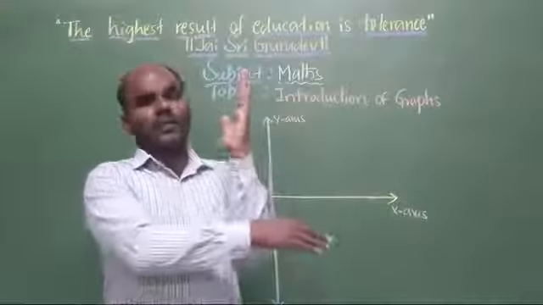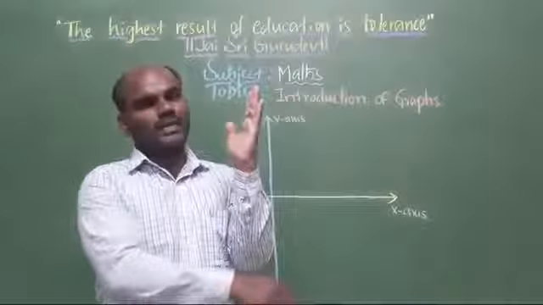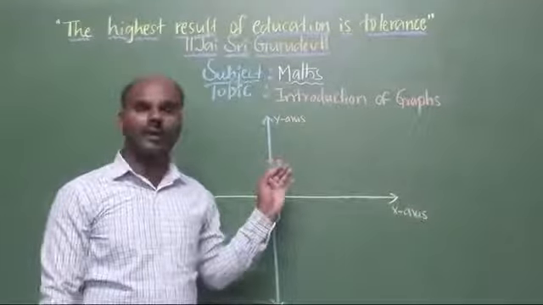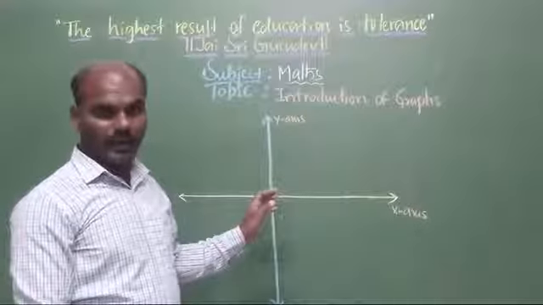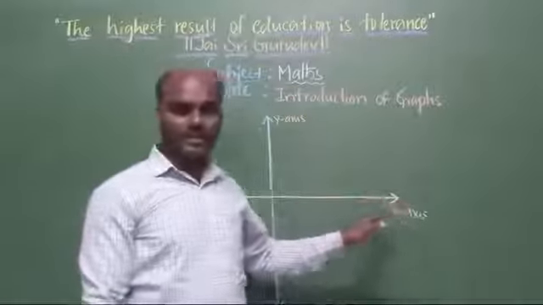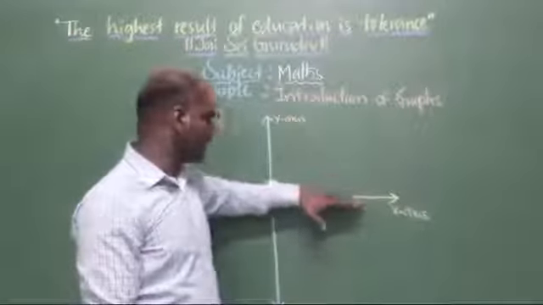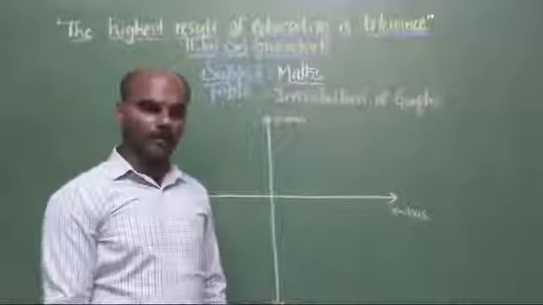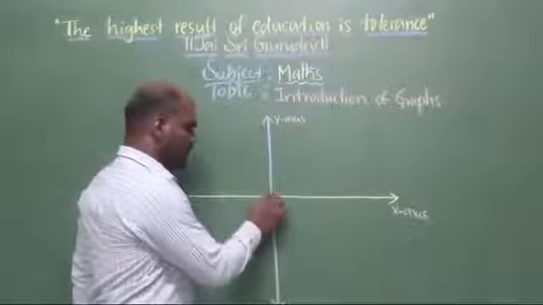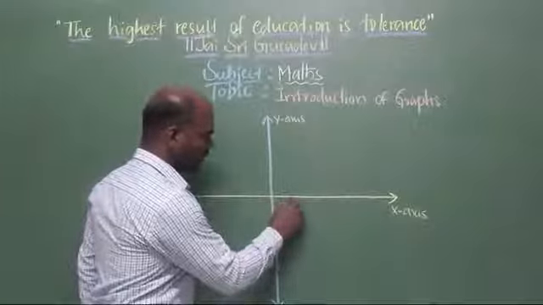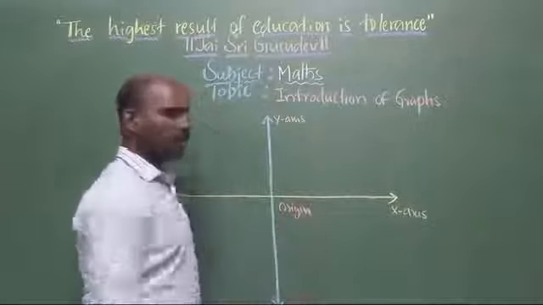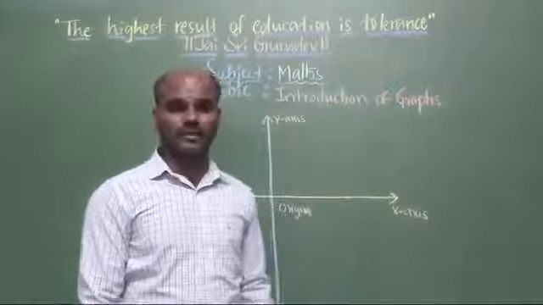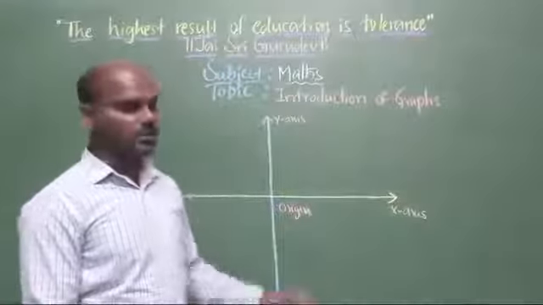As well as the vertical line. What can we call the vertical line, children? That can be called the y-axis. Both axes, the x-axis and y-axis, meet at a point. That point can be called the origin. The meeting point of the x-axis and y-axis is called the origin.